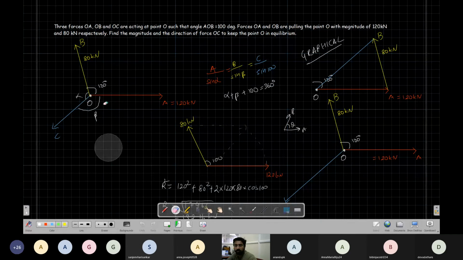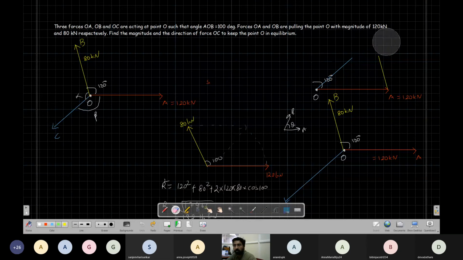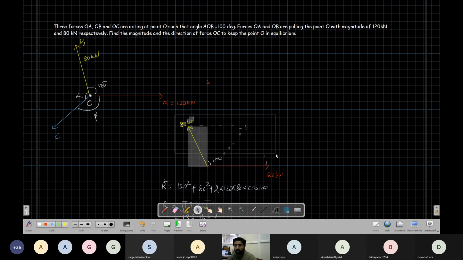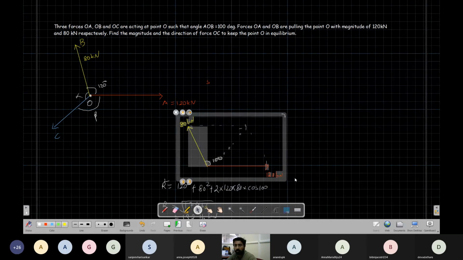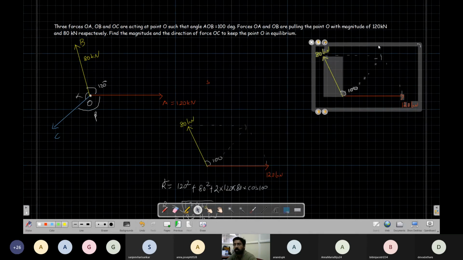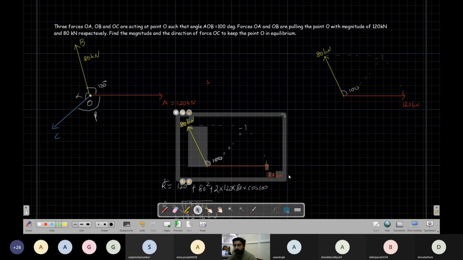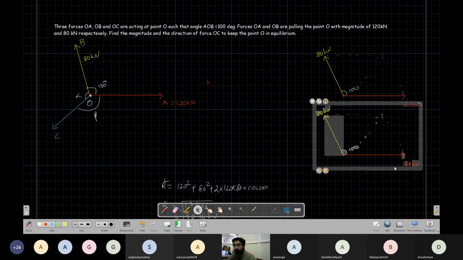What is this? I don't know what the angle is.